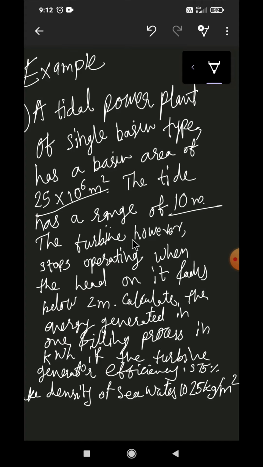The turbine, however, stops operating when the head on it falls below 2 meter, so that is small r. Calculate the energy generated in one filling process in kilowatt hour, if the turbine generator efficiency is 75% and the density of water is 1025 kg per meter cube. So let's list out the data.